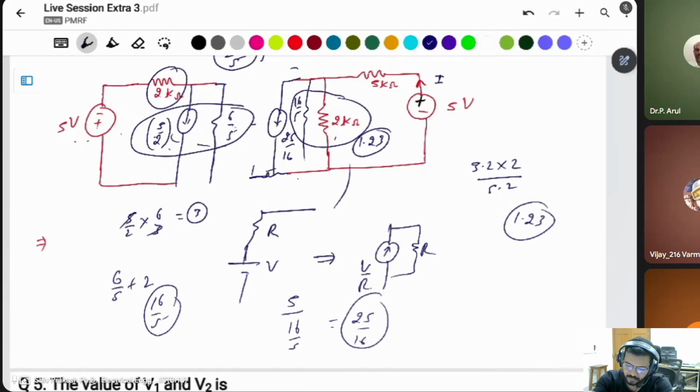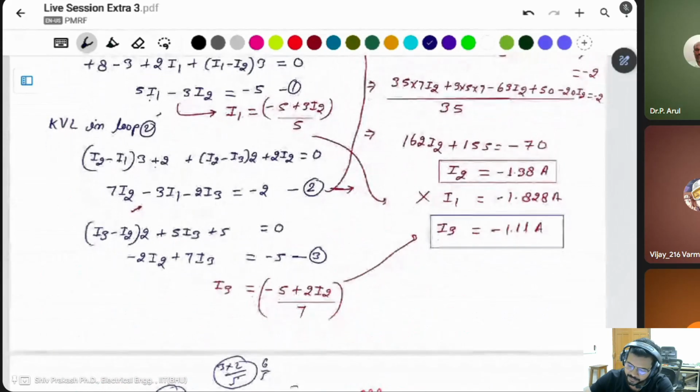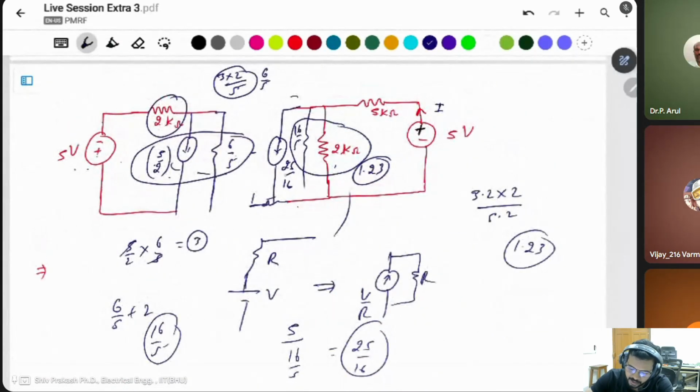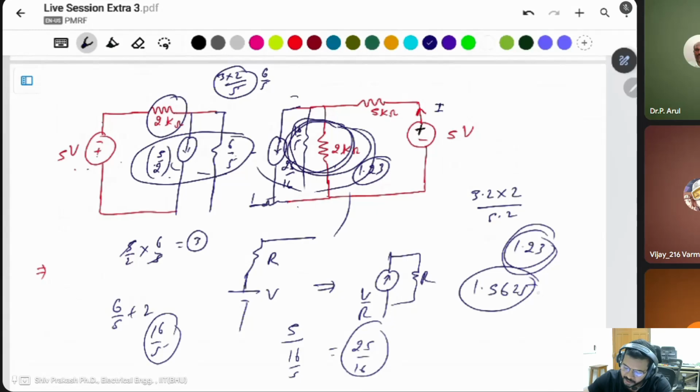So in this problem, the I value is 1.413 milliampere, correct? Then after you have used it one more time, this resistance is 1.23 and this is 25 divided by 16, 1.5625, the current source, and this is the resistance.